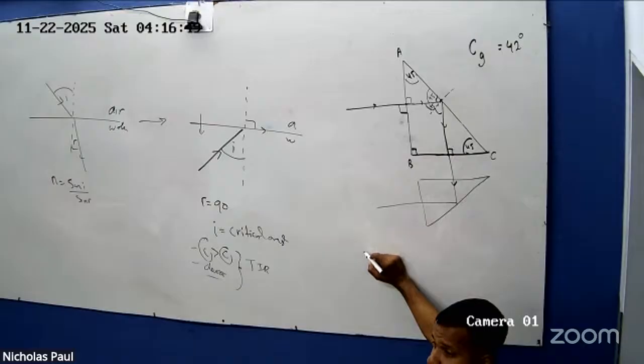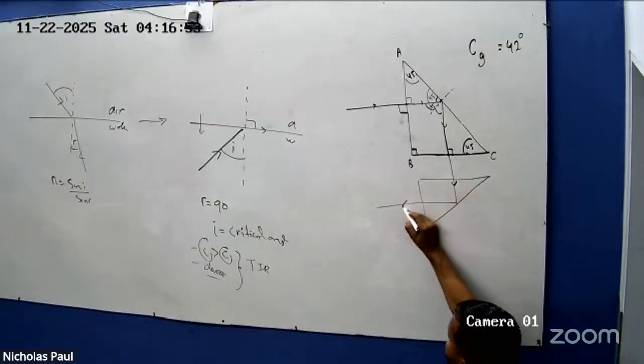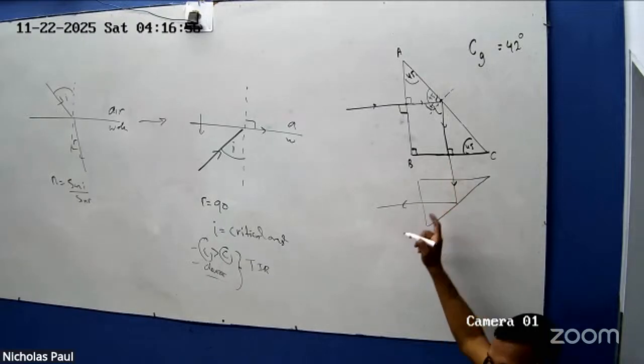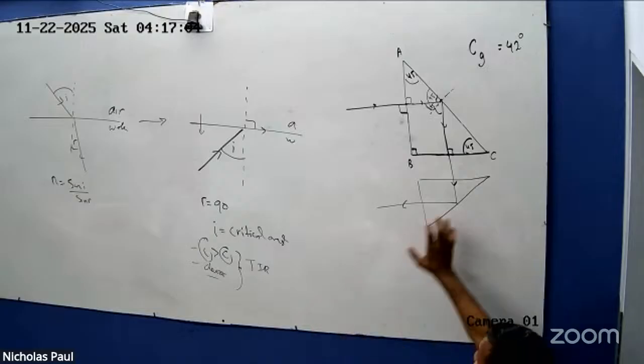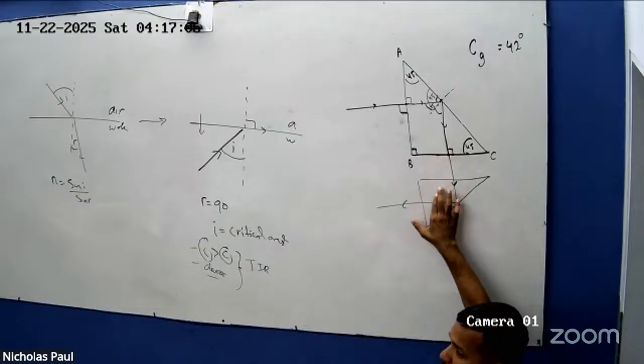Do you all see that? But suppose I want it done in one way. What can you do? Instead of using two, what to do? Suppose instead of using two triangular prisms, I want to use one.